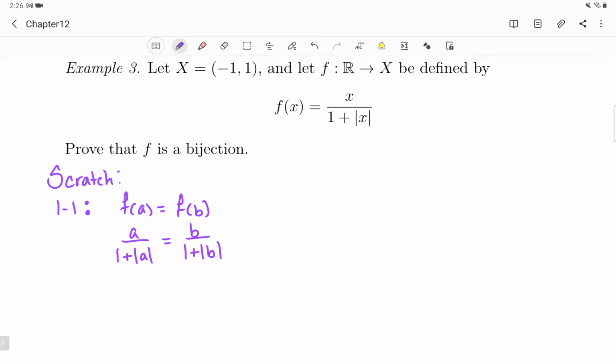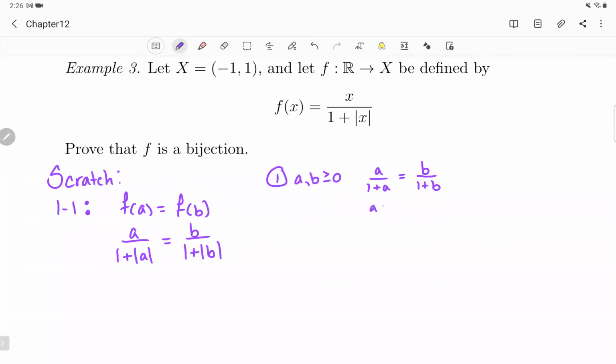Well, before I could do much with this, I need to know if A and B are positive or negative or 0. So we're going to have to split this into cases. First, let's say A and B are greater than or equal to 0. Then I have A over 1 plus A equals B over 1 plus B, because the absolute values didn't change anything since they're both already not negative.